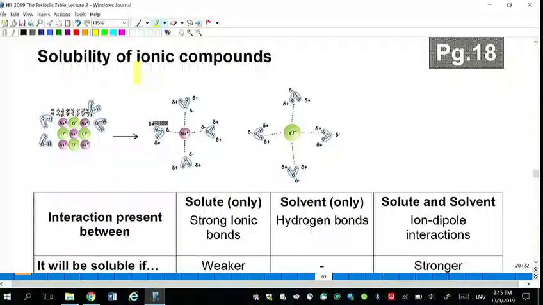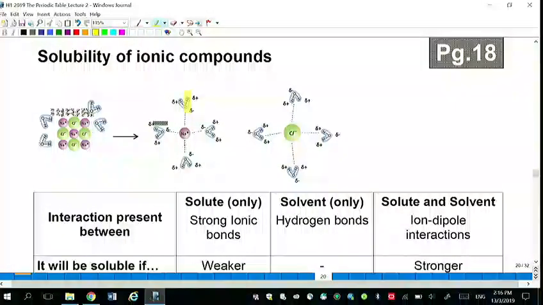Solubility of ionic compounds. First thing, if I have an ionic compound, for example sodium chloride salt, when I try to dissolve it, the sodium ions and the chloride ions will be able to form what I call an ion-dipole interaction with water molecule.